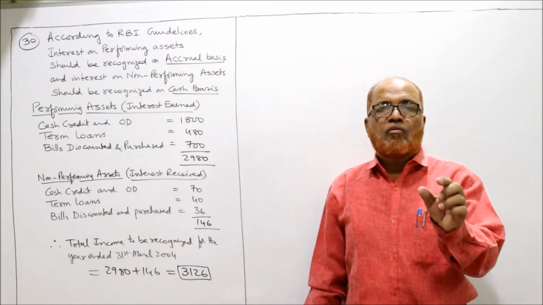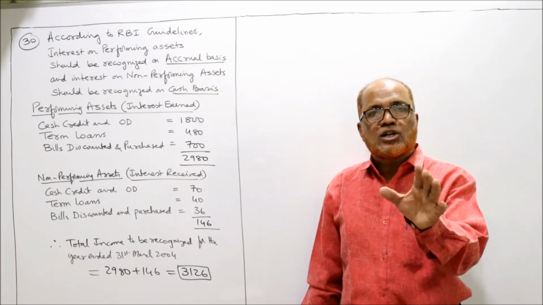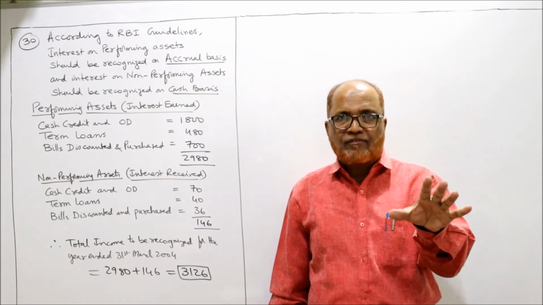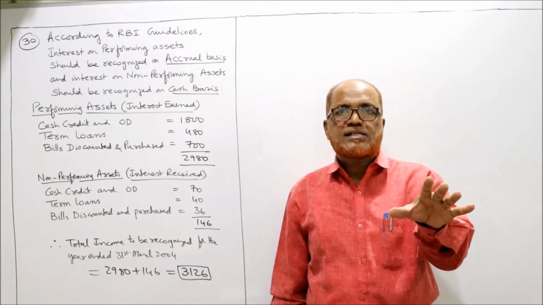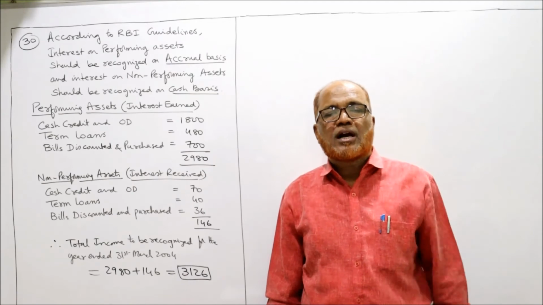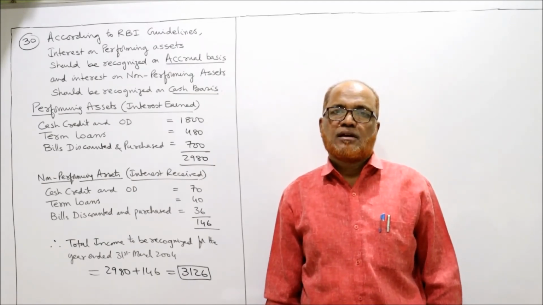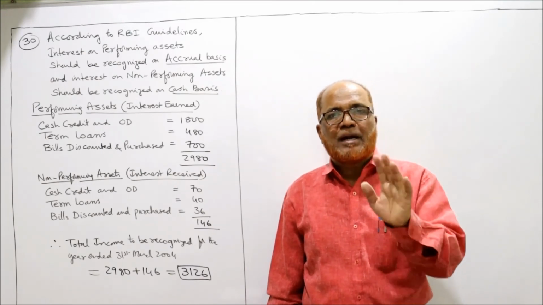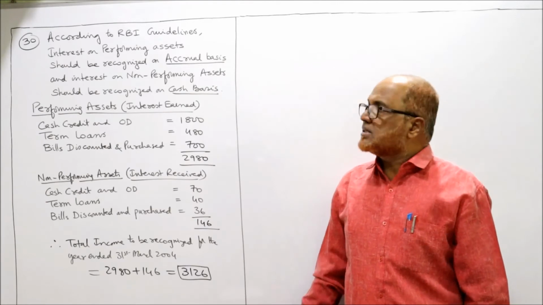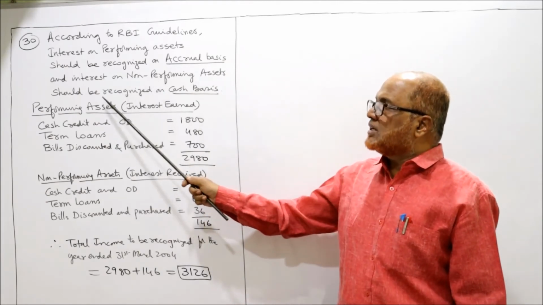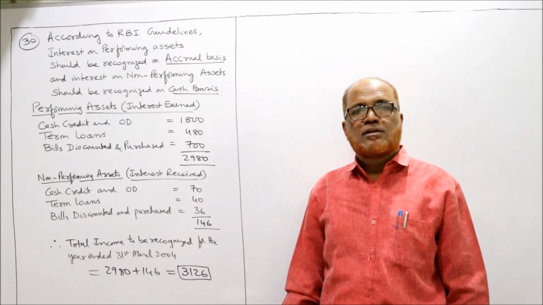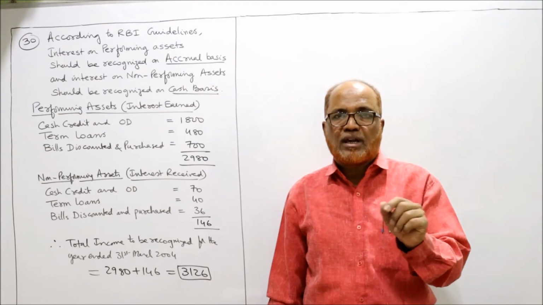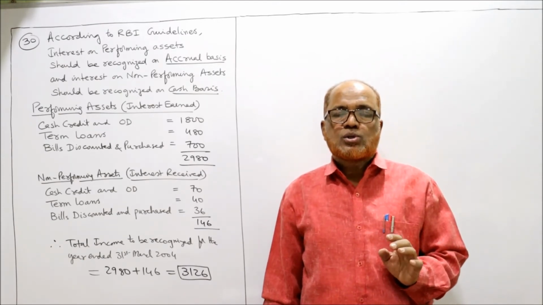Accrual basis means whatever interest is earned should be taken, whether received or not, immaterial. If the asset is a performing asset, a good asset, then interest should be recognized on accrual basis. Accrual means earned: take whatever is earned, whether received or not, immaterial, for performing assets. And for non-performing assets it should be recognized on cash basis. Cash basis means recognize only as much as is received, and do not recognize what is not received.